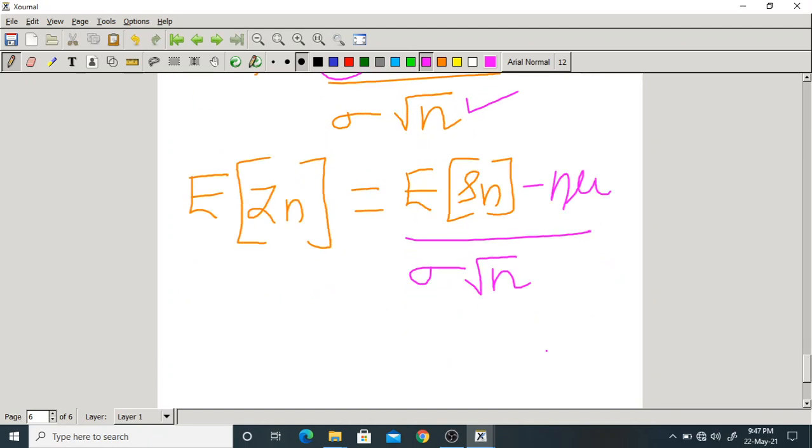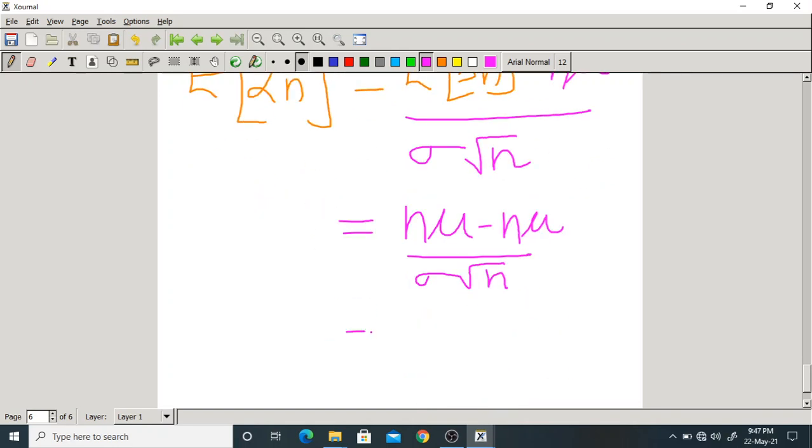What is the expectation of Zn? The only quantity which is random is Sn; these others are constants. What is the expectation of Sn? We calculated just now: n mu. So n mu minus n mu, by sigma into root n, is obviously 0. The mean is 0.